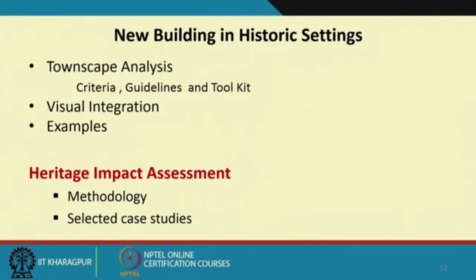This heritage impact assessment is coming up very recently. There are many formats which are available. We will talk about that. We will try to see how it can also be used in some specific context. So, we will talk about the methodology, and with a selected case study, we will try to understand this concept of the heritage impact assessment.